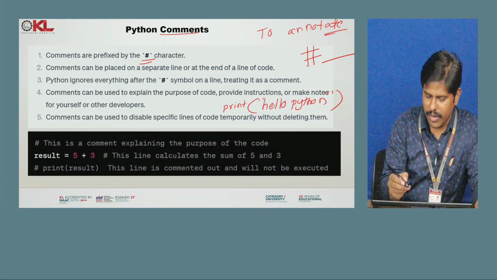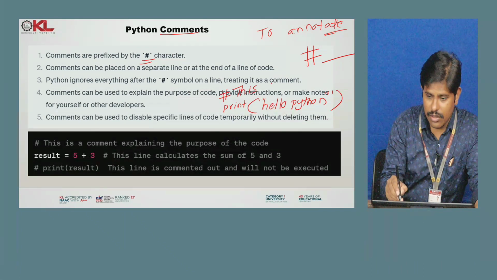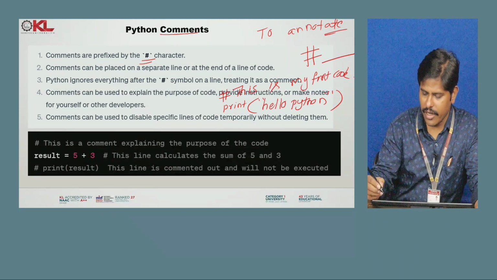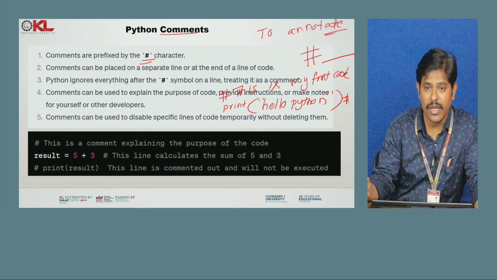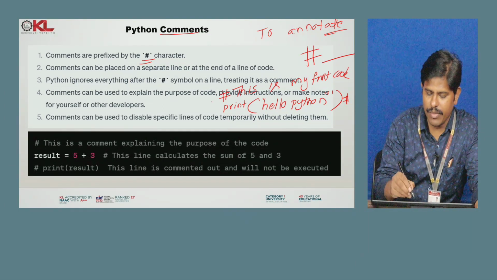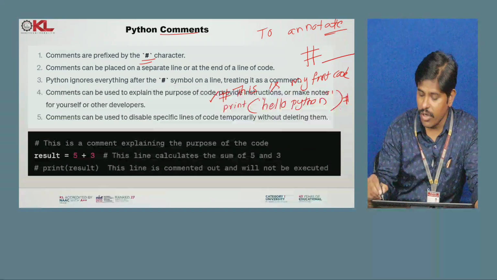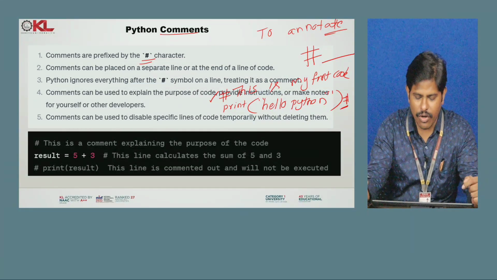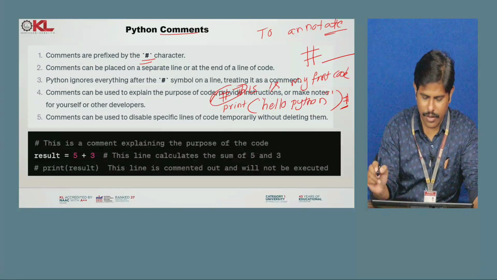I can write a comment at the beginning saying this is my first code, or I can write it somewhere here, at the beginning statement of the program, or at the end of my statement here. And whatever comes after this hash is ignored by the Python interpreter here.